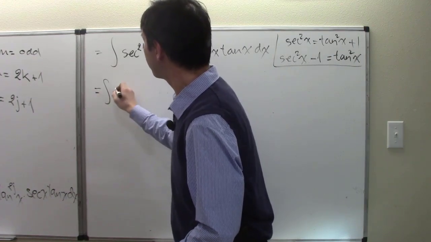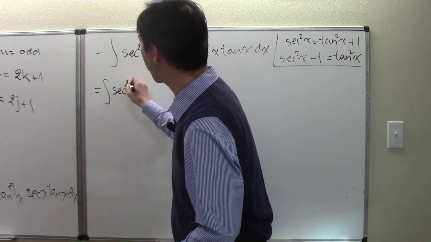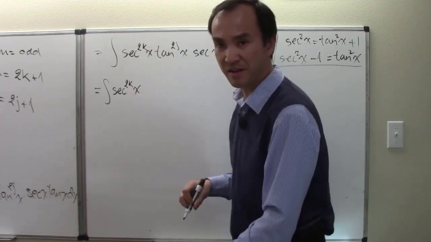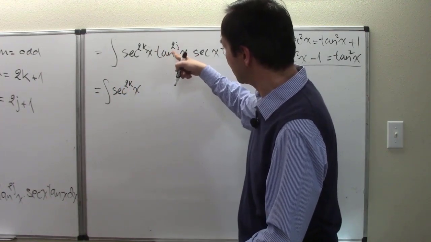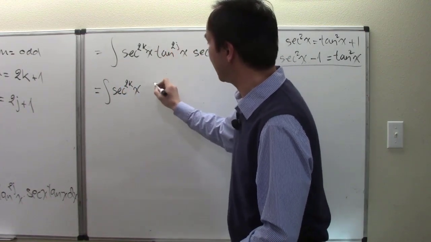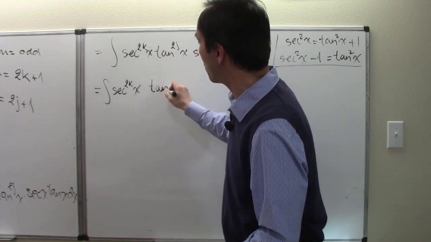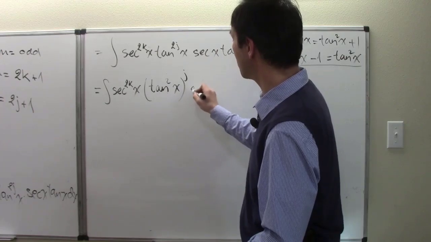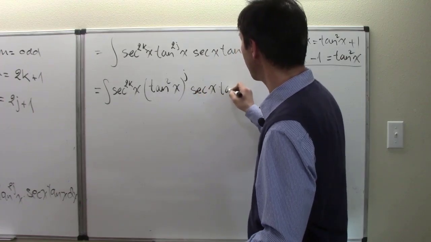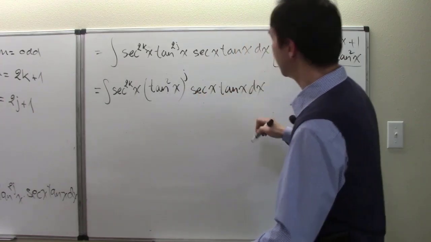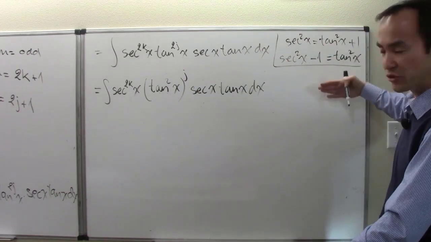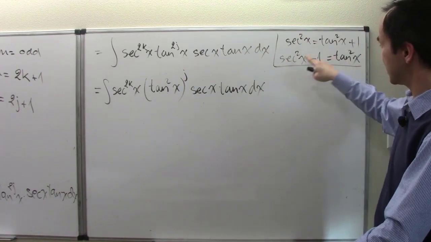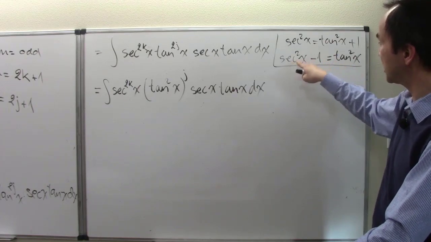Here's how I'm making that substitution. The secant to the 2k power, I am going to leave the same. But the tangent to the power 2j, I am going to rewrite as tangent square of x raised to the j power, and then multiply with the secant of x times the tangent of x times dx. Tangent square can be equal to secant square minus 1.